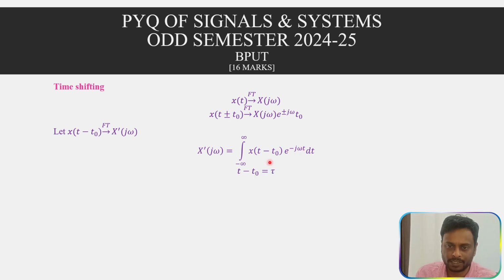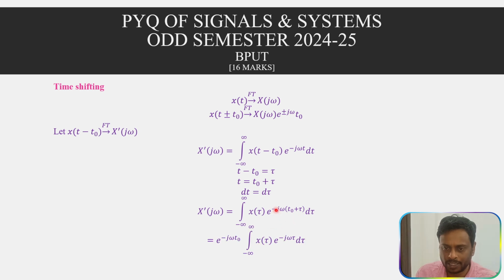Let us take t minus t0 equal to tau, so t equals t0 plus tau and dt equals d tau. The limits will not change. So x of tau e to the minus j omega, in place of t it will be t0 plus tau. So e to the minus j omega t0 will be kept outside, and this will be X dash j omega. So this is the time shifting property.